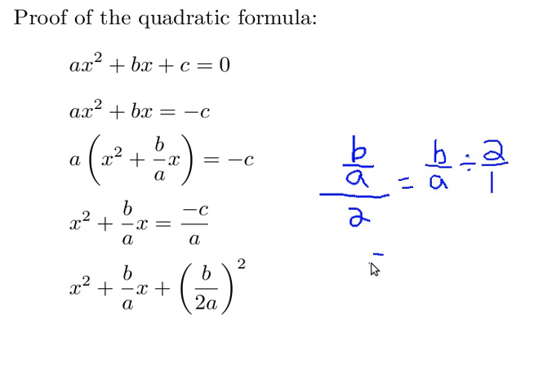So that means this is the same thing as b over a multiplied by 1 over 2. Then you combine these two to get b over 2a.